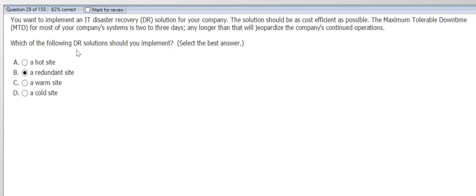So which of the following DR solutions will we implement? Is it a hot site, a redundant site, a warm site, or a cold site? So here we will see how much our MTD is, which is 2 to 3 days. So we'll select option C, the warm site.